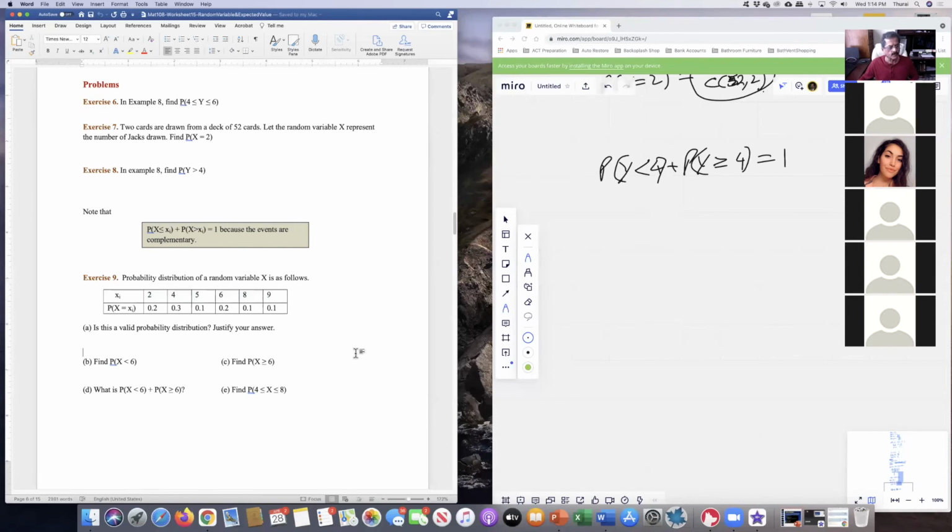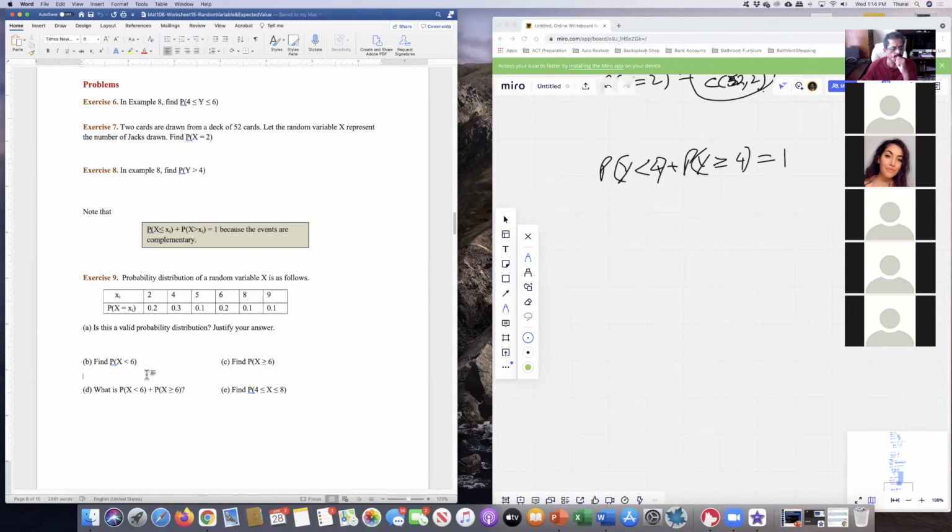Yes, they do add up to 1. So the answer is yes, it is a valid distribution. And it says justify the answer. That would be: the probabilities add up to 1. That is your justification. Okay, what is the probability that x is less than 6?